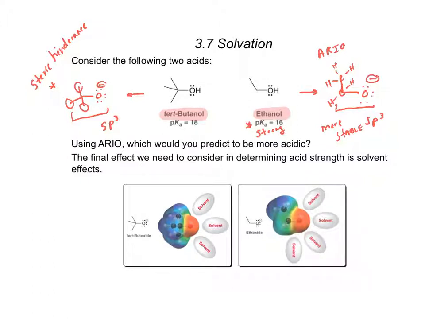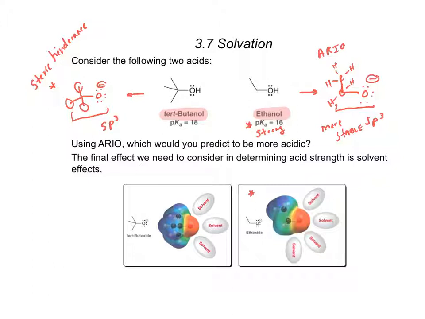So the last little thing that we talk about is the solvent effects. Because solvent is better able to get in and stabilize the negative charge that forms on ethoxide, this ends up being more stable, and so ethanol ends up being the stronger acid. So that last little thing you have to consider is, can solvent get in and help stabilize this as well? For tert-butoxide, it can't because it's big, bulky, and sterically hindered.